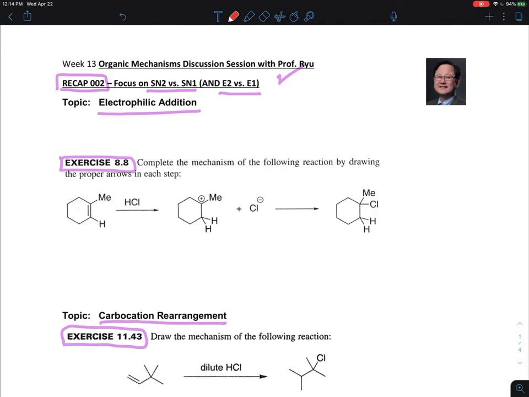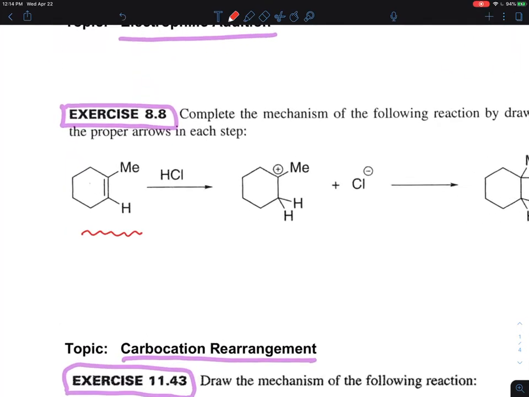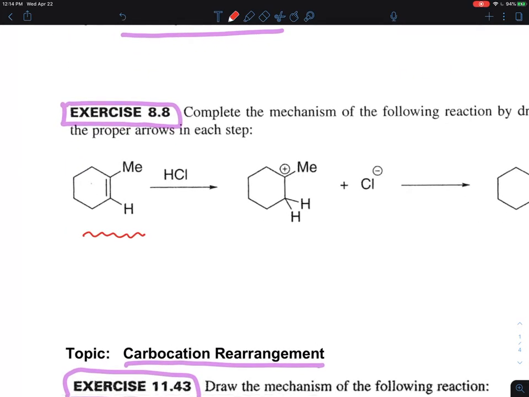Okay, so I see the double bond here, and I can see that HCl is a proton source that can easily dissociate. They say to use the proper arrow, which I explained a few times in my previous YouTube video; it is the movement of electrons.